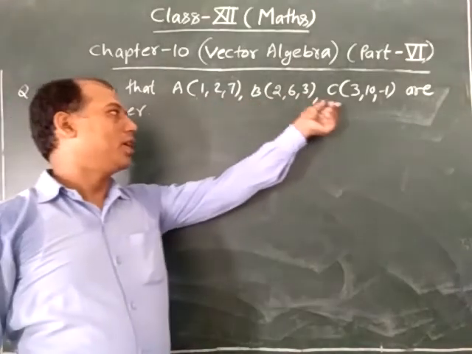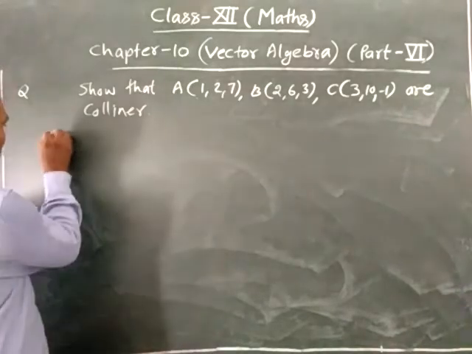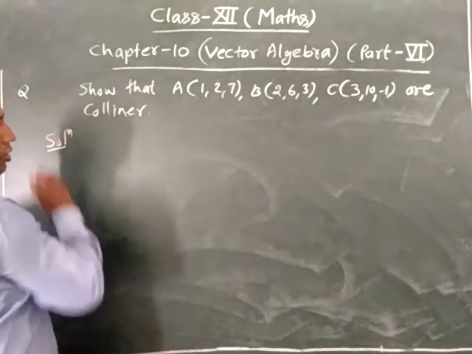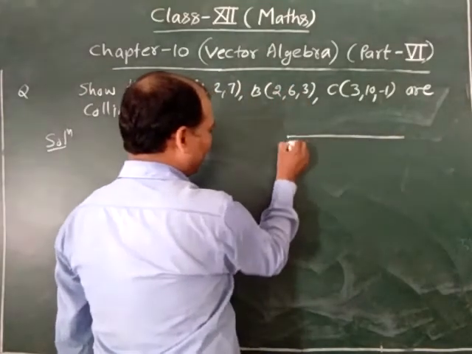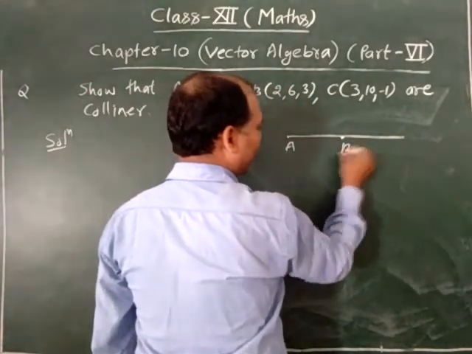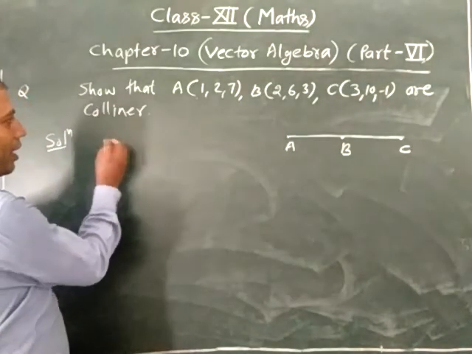The 3 points A, B, C, we have to prove these points are collinear. Students, all of you know that if 3 points are collinear, then all the 3 points lie on the same line. So we can try.